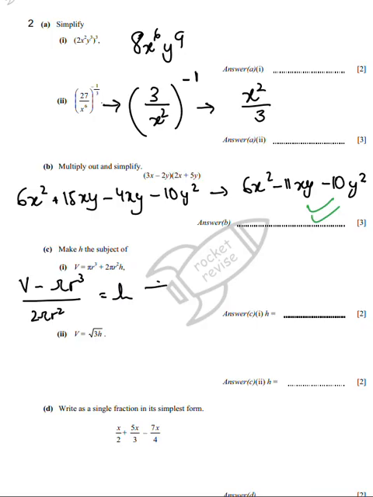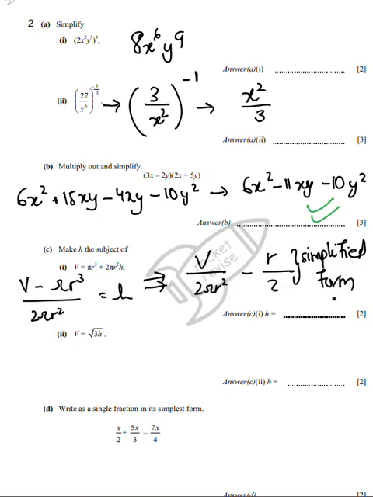Yes, it can be simplified by v over 2 pi r squared minus r, because r cube divided by r squared will be r, divided by 2 because we have 2 in the form of a numerator. This can be simplified. Simplified form.